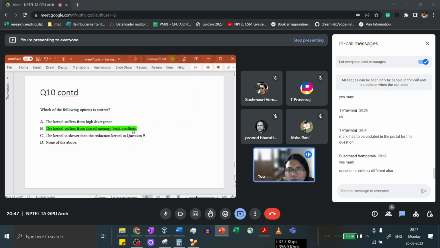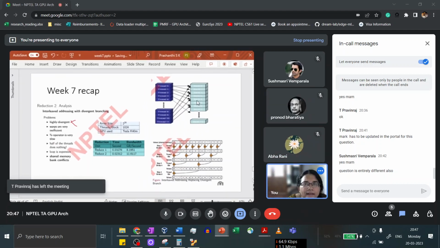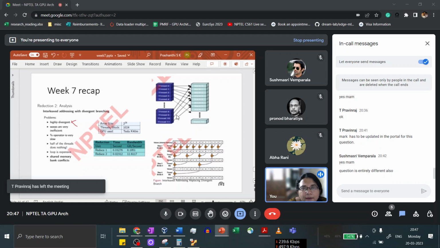And moving forward, talking about shared memory bank conflicts, now your thread 0 is trying to access something from bank 0 and bank 1. But you have some other thread here, thread 8, which is trying to access the same bank 0. And for every bank, you will see that there are two threads accessing it, because of which there is a bank conflict.